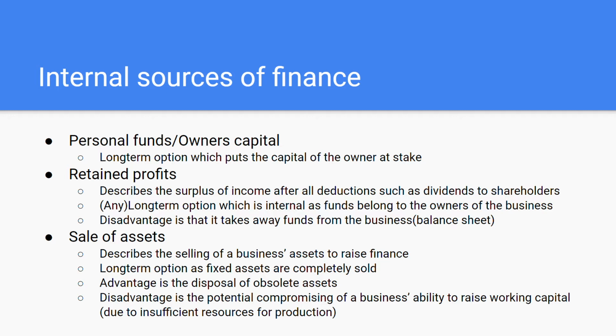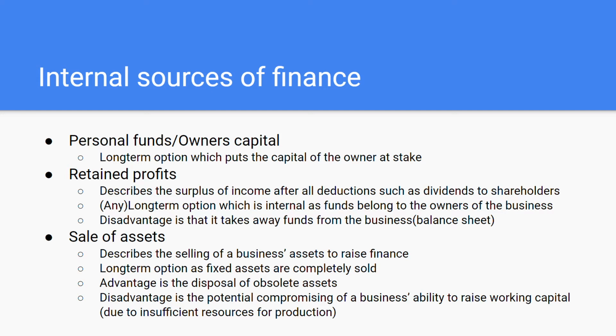Then there are retained profits, which describes the surplus of income after all deductions, such as dividends to shareholders. This means at the income statement, the very bottom number, that's the retained profits, and that's the money that comes back into the business.